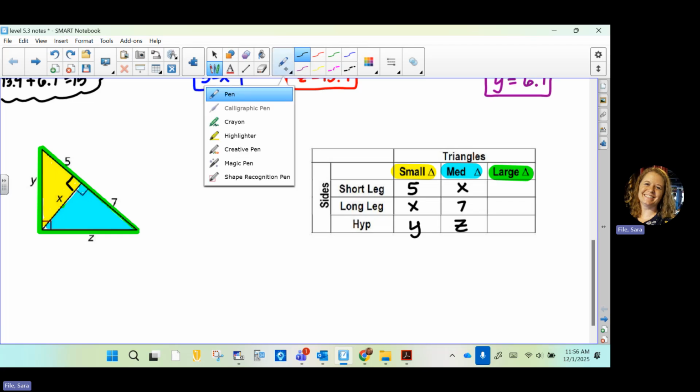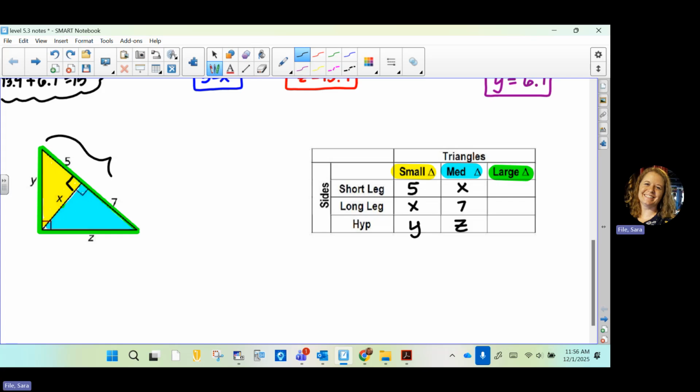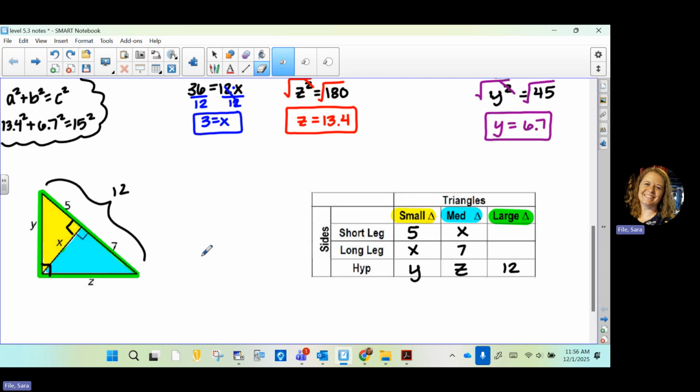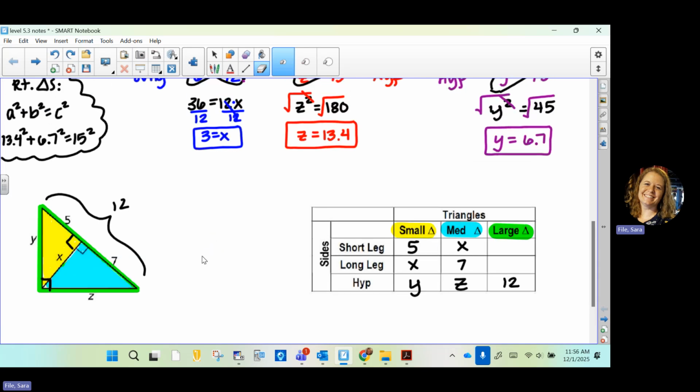And then in the large triangle, that's the green one, the hypotenuse, the total here, is 12. That's across from the 90. So the hypotenuse is 12. Then again, you need to determine which is the long leg and which is the short leg. Look at how the hypotenuse was portioned out.